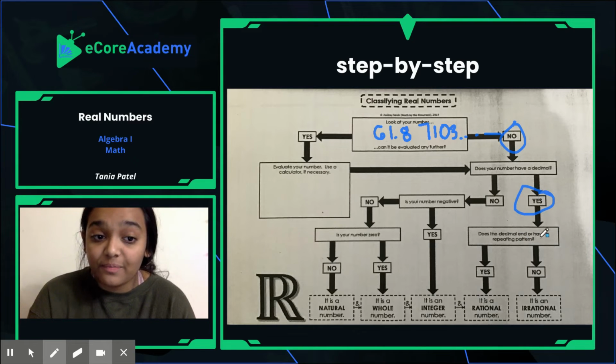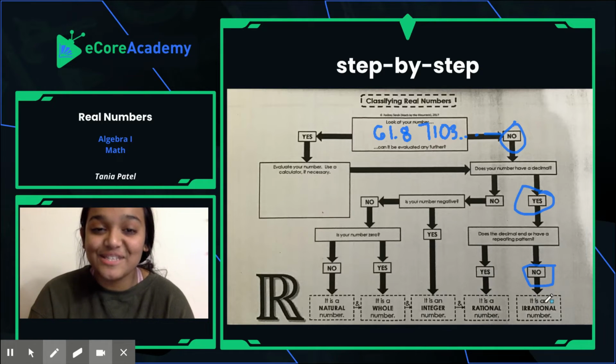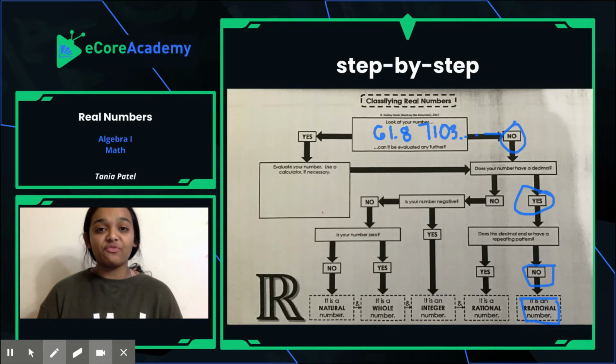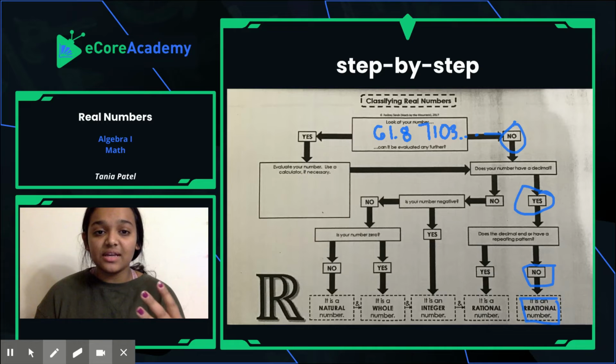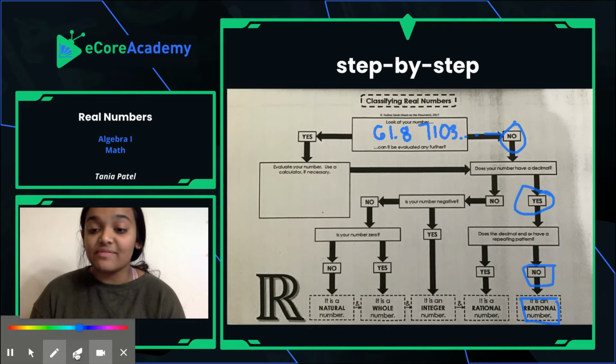Like mentioned before, it does not end and it does not have a repeating pattern. Therefore, it's a no, and so it is an irrational number. It's quite simple. We just have to kind of look at it, study it very quickly when we first get it, and it's much easier to identify then.